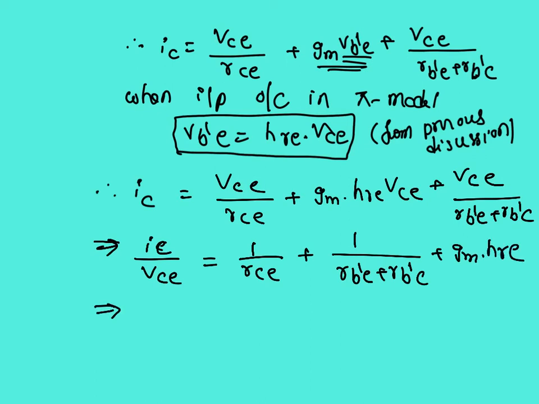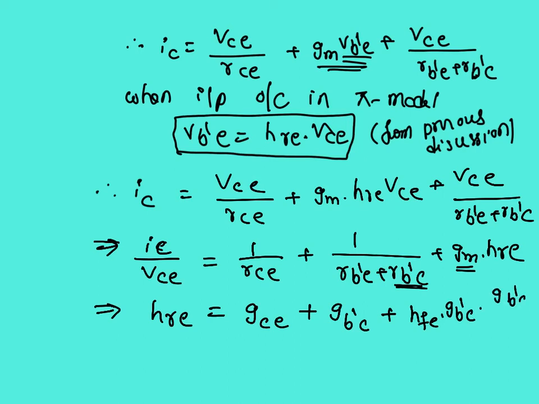Here IC by VCE is nothing but hoe. 1 by rce is the reciprocal of resistance, that is, conductance. Here rb'c is far greater than rb'e, so we are left with 1 by rb'c only, which is gb'c. And gm is nothing but hfe into gb'e, and hre can be written as gb'c by gb'e. So this gb'e will cancel.